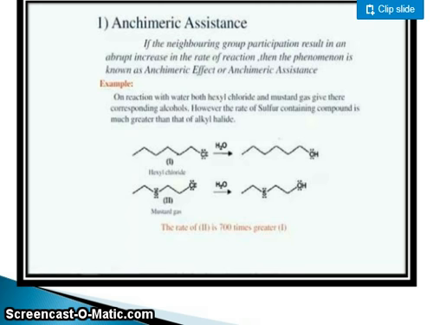However, the rate of the sulfur containing compound is much greater than the alkyl halide. So the first one has a lower rate in comparison to the second one, mustard gas. The rate of the second is 700 times greater than the first.